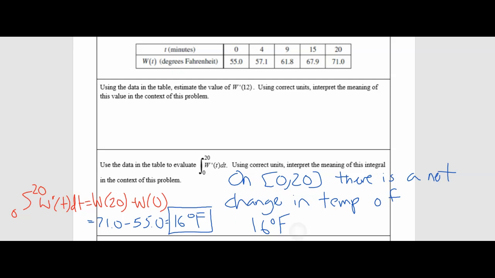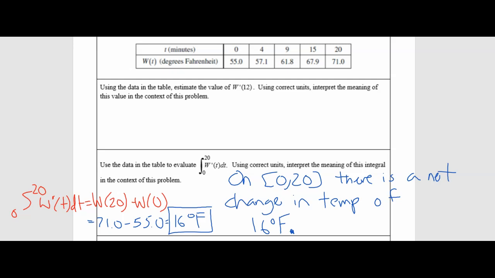I don't need to box that. If this was negative, then that would just mean that the temperature is decreasing by 16 degrees Fahrenheit, right? If it's positive like it is, then that means there's an overall increase in the temperature.